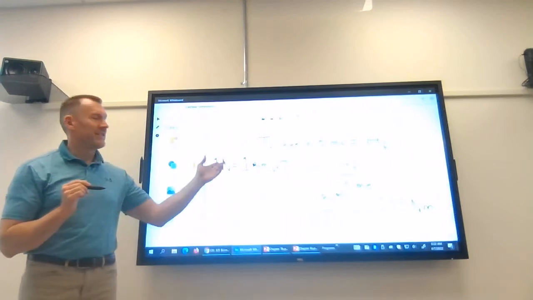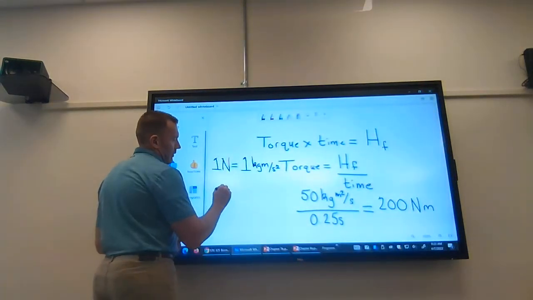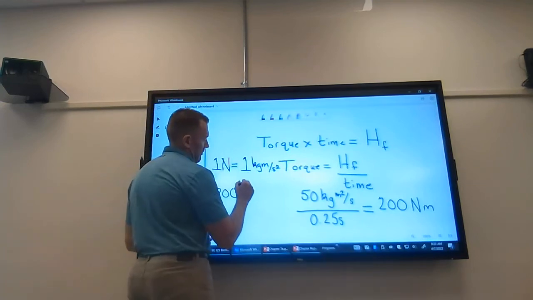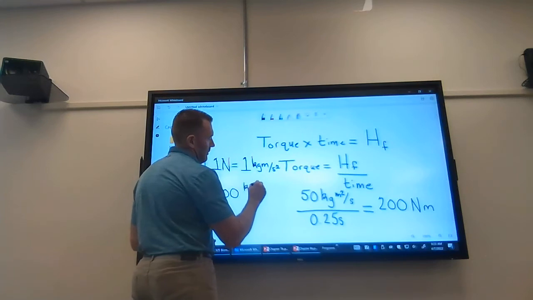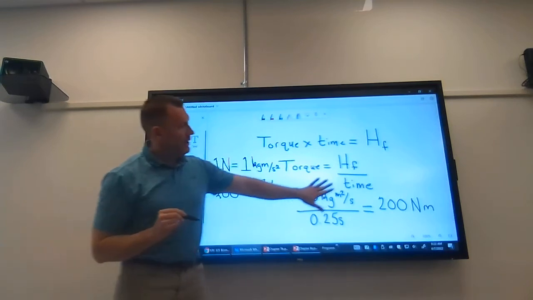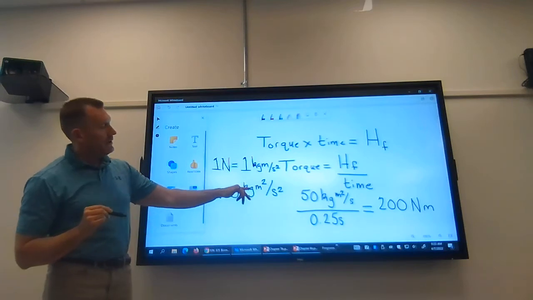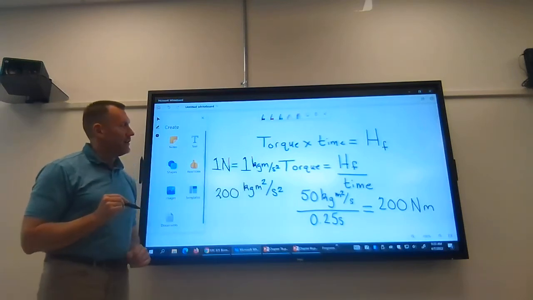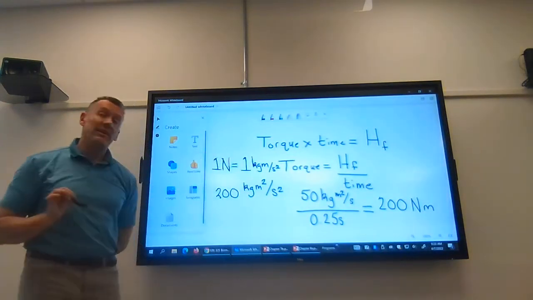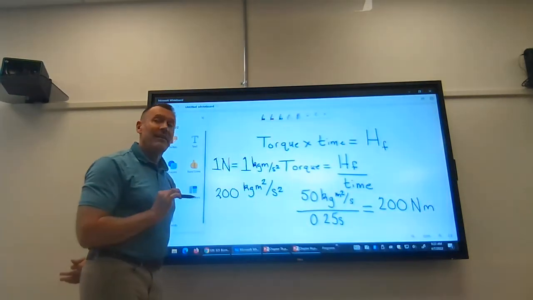But isn't it easier just to say newtons? So if we wrote it like this, if we wrote 200, what we have would be kilograms meters squared over seconds squared. If we took all of these variables at once, we could say 200 kilogram meters squared over seconds squared. Okay, so if we substitute just Newton in here, what are we left with?